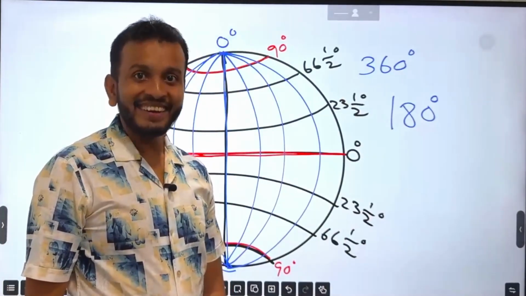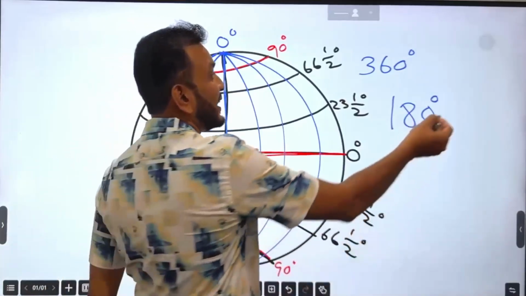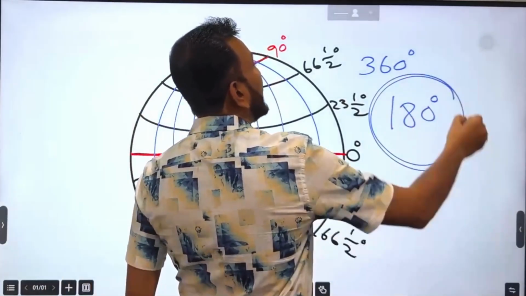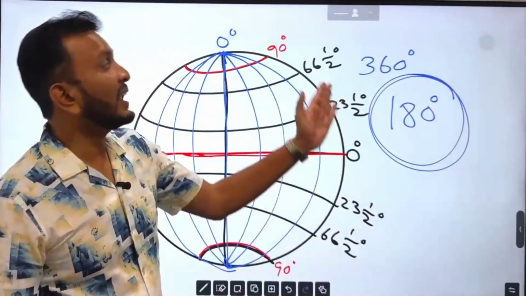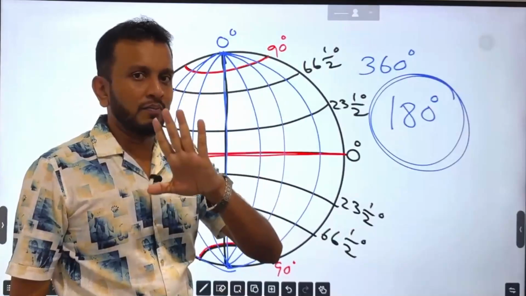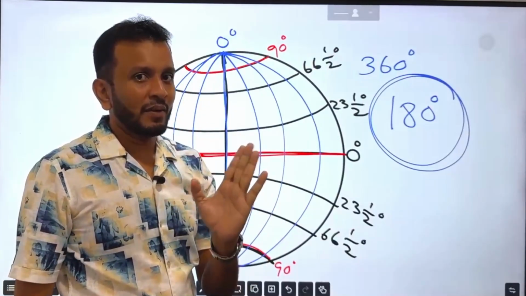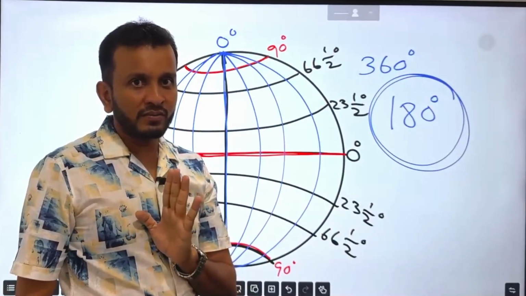International date line. Okay, 180 degrees longitude is called the international date line. There are 360 longitudes on the globe. There are time zones.